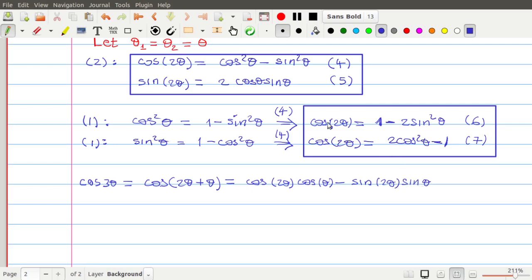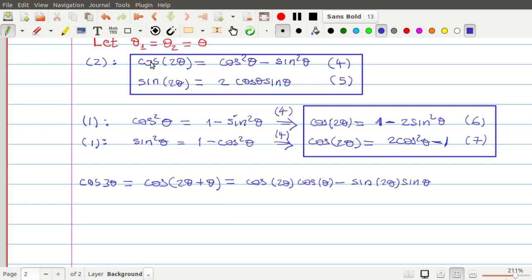But we know already what these correspond to. We know what cosine 2 theta corresponds to. We can replace this one by those, and also for sine 2 theta, we can replace that.